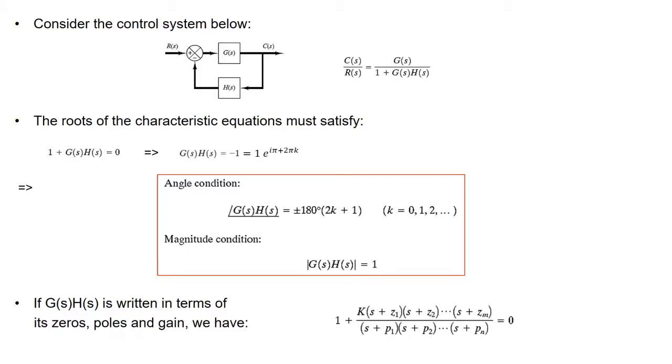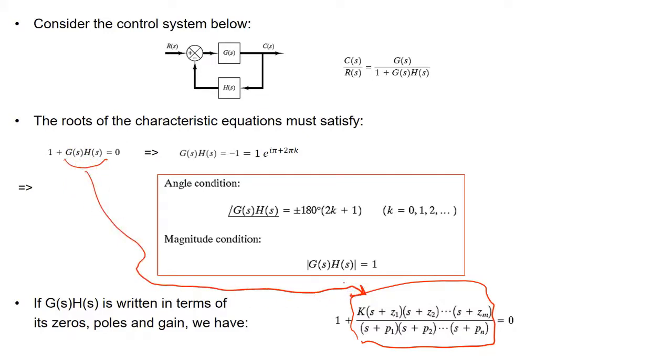Now, let's say G times H, which is the main guy here, the thing that we have to find the magnitude and the phase for, we can write it in terms of a rational function like this. So when we say 1 plus GH is equal to 0, this is G times H. It has a gain, the one that you can tune, you can change, and then a product of a bunch of zeros from Z1 all the way to Zm, and then what?